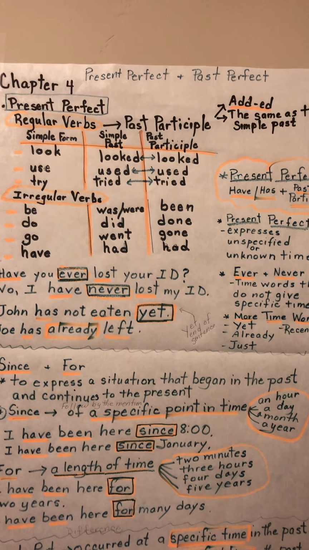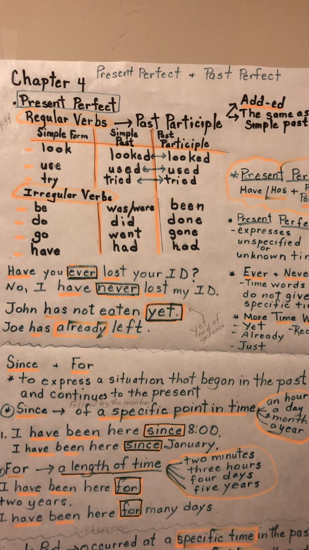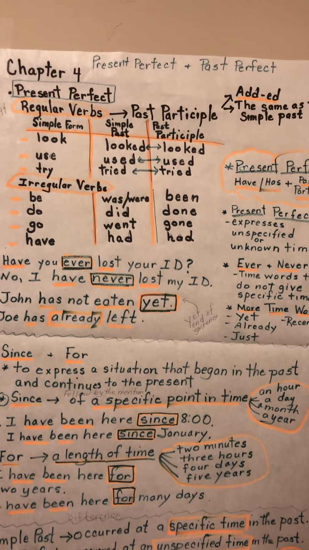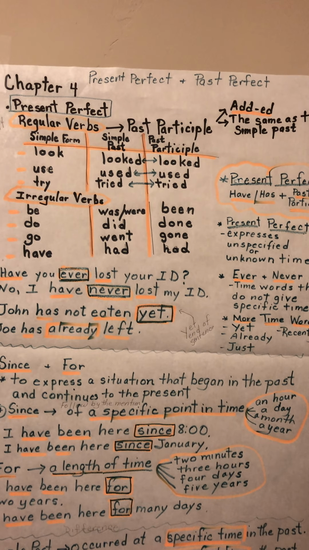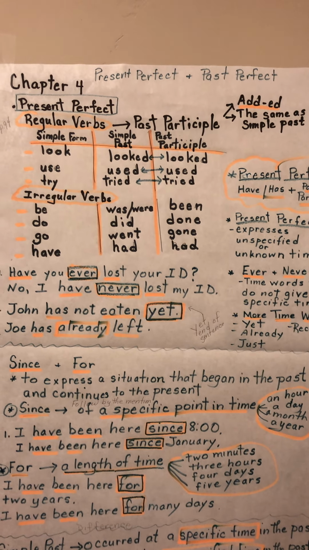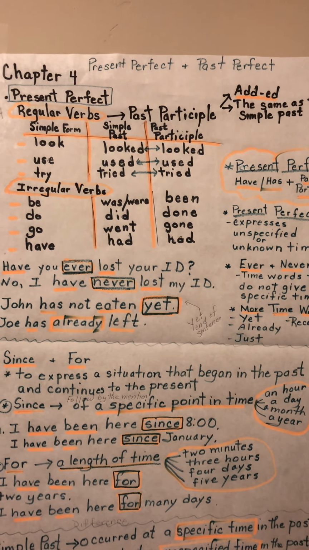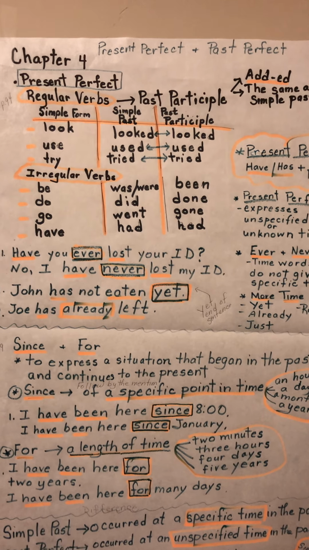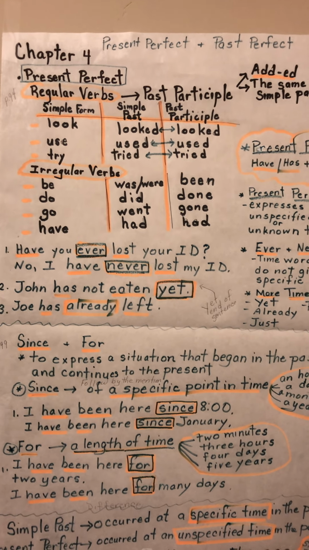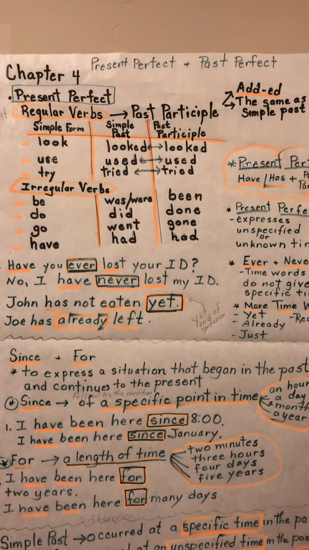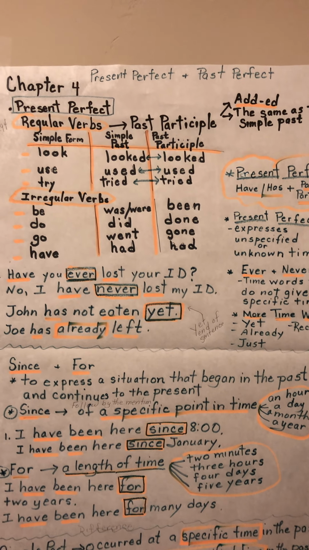The simple past and the past participle are the same. Try, tried, tried. Simple past and past participle are the same. So when you have a regular verb, the past participle is just like the simple past.